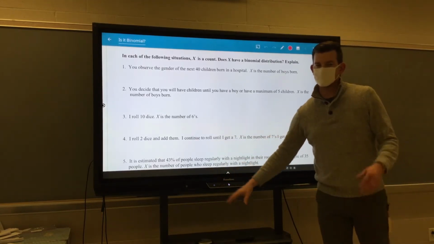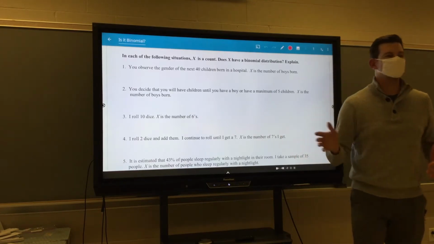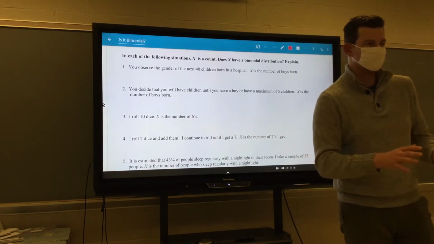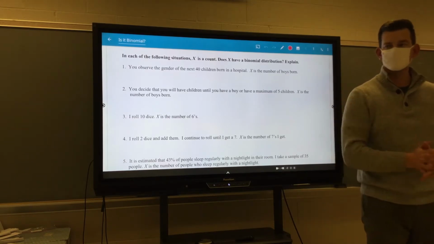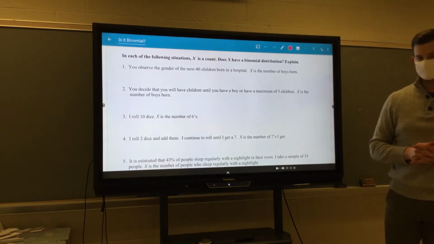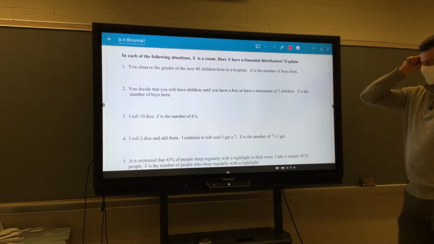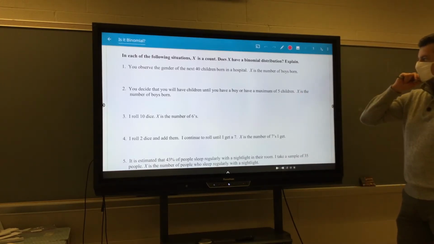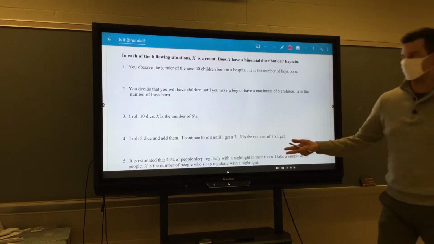By the time you get to the last few, you could have a bit of an argument as to yes or no. So we'll talk about those, but take a few minutes, see what you can do with them. What these answers would be, and if they fit this binomial model. So as I said, the first few, pretty straightforward.